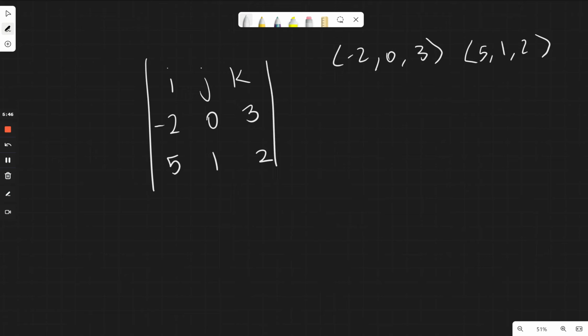So first, let's test this vector, which we'll call vector 1. Is this vector normal to vector 1? So we have negative 3 times negative 2 plus 19 times 0 plus negative 2 times 3. 6 minus 6 equals 0. Check. It is normal to that vector.